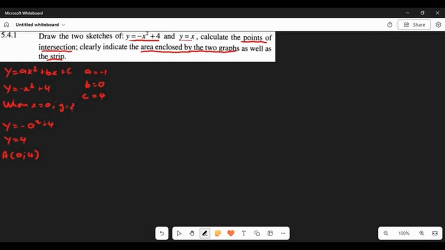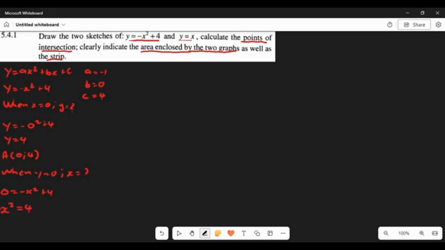We do the very same thing for the x-intercept. So we can say when y equals 0, what is x, right? So we can say wherever there is y, we substitute with 0 from the original formula. So we can say 0 equals negative x squared plus 4, right? Then we can transpose this x squared to the left hand side, which is going to become positive x squared, which equals 4.